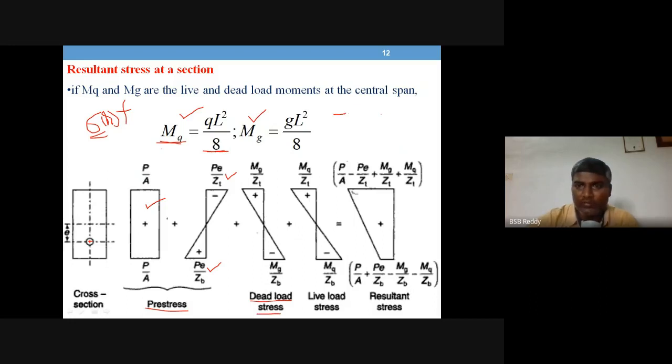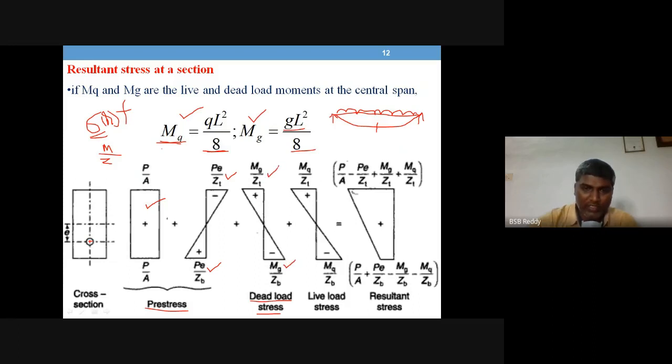When the beam is supporting a dead load, which is like a UDL, it is going to bend like this. The maximum bending moment occurs at center, and that value is g L square by 8. So sigma is M by Z.